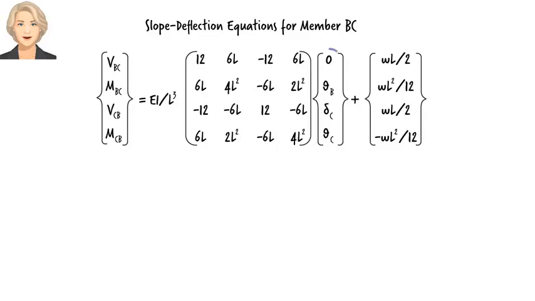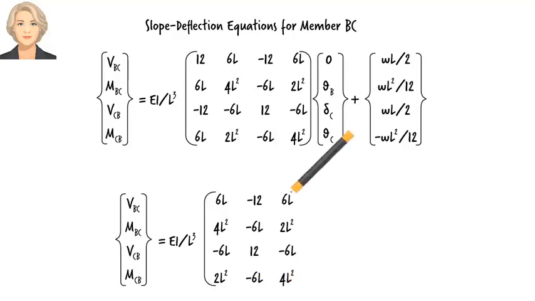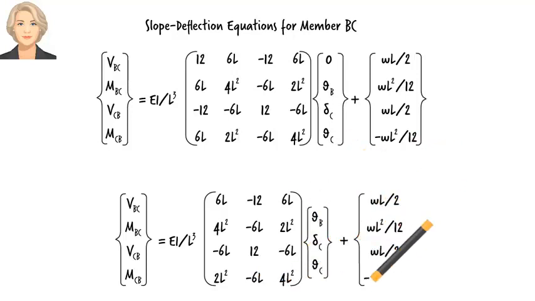Here, we have replaced delta B with 0. Rewriting the equations in compact form, we get, we achieve this by removing the 0 from the force vector and by removing the coefficients of delta B from the stiffness matrix.